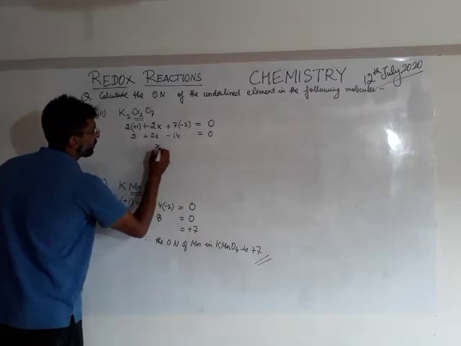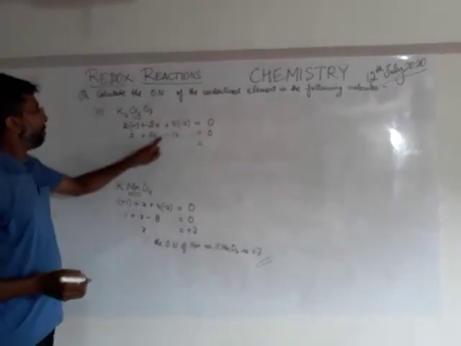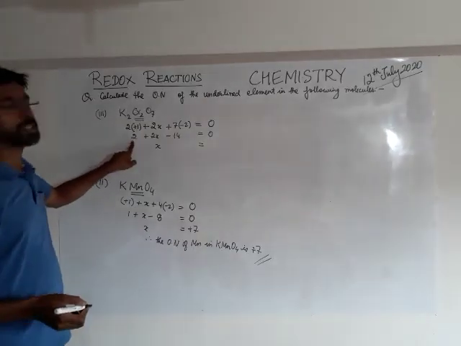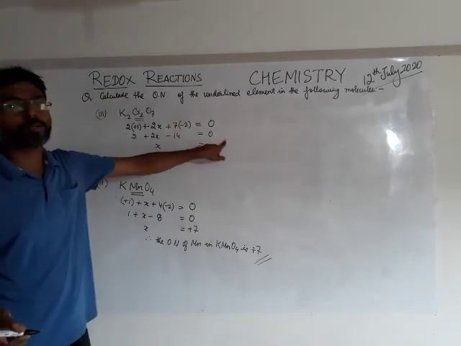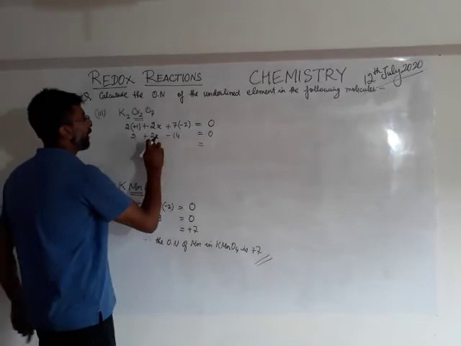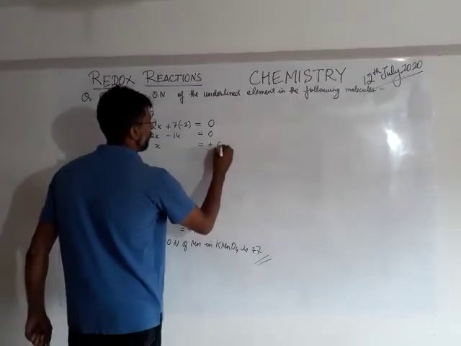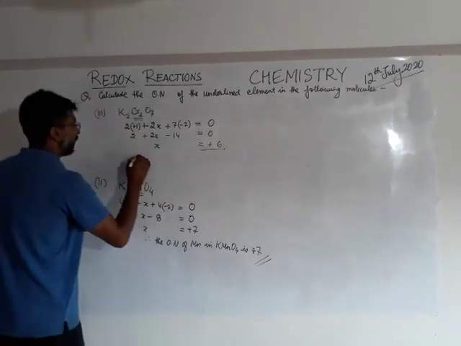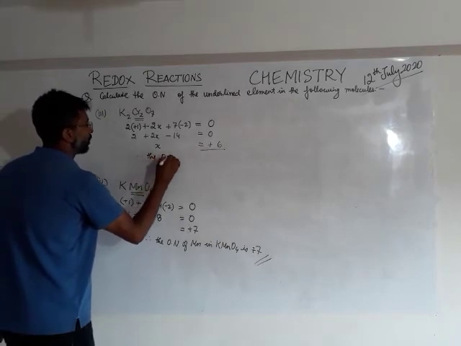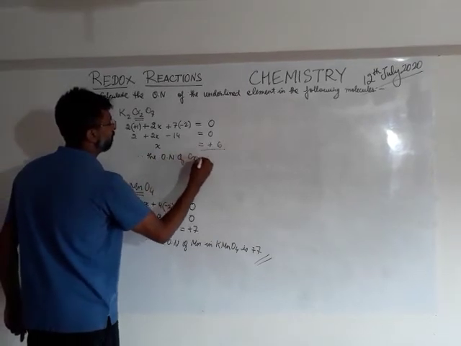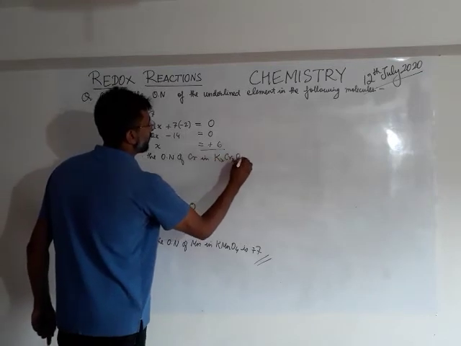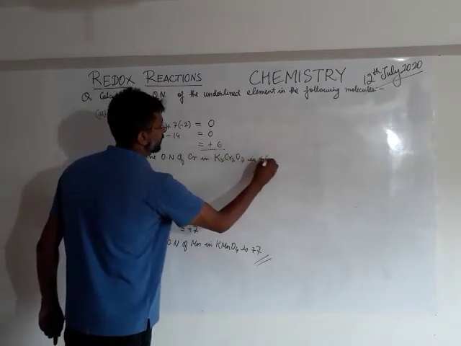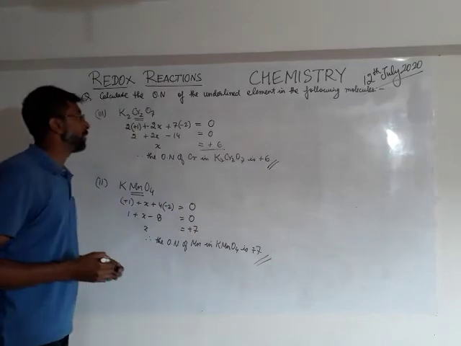Now if I simplify, it becomes minus 14 plus 2, which is minus 12. Minus 12 taken to that side becomes plus 12. Plus 12 divided by 2 becomes plus 6. Therefore, the oxidation number of chromium in potassium dichromate is plus 6. This is what you must write to complete the answer.